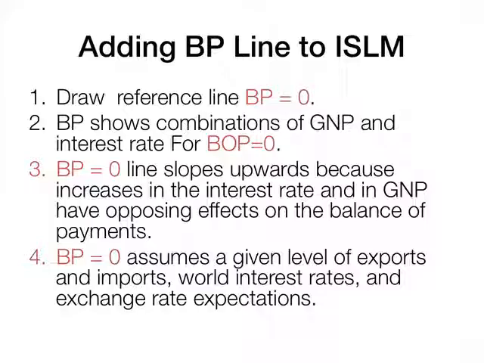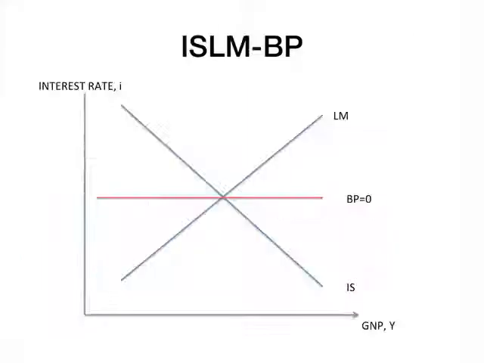Okay? This BP line, balance of payments line, will show combinations of gross national product and the interest rate for which the balance of payments is equal to 0. It may slope upwards because an increase in the interest rate and in GNP have opposite effects on the balance of payments, or it may give us a sense of what the rest of the system looks like.